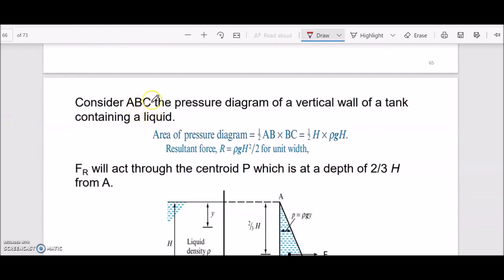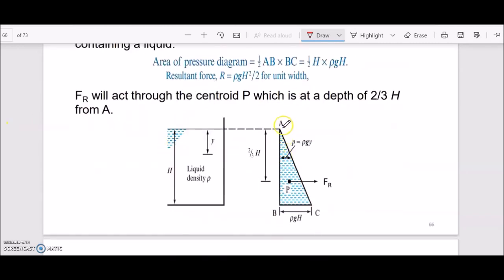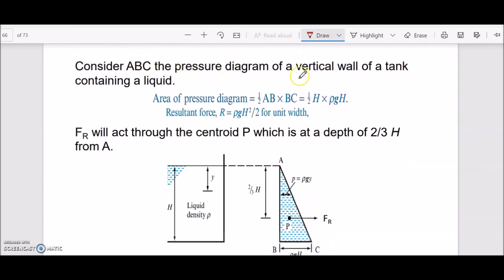So consider ABC. We have A, B, C here, the pressure diagram of a vertical wall of a tank containing a liquid. The area of the pressure diagram is half of AB times BC. Because it is a triangle, we divide by 2.